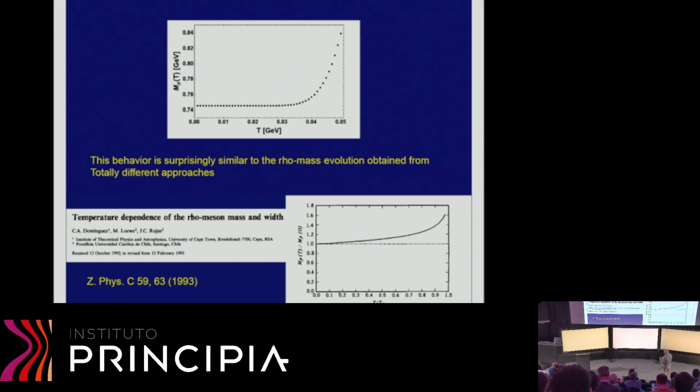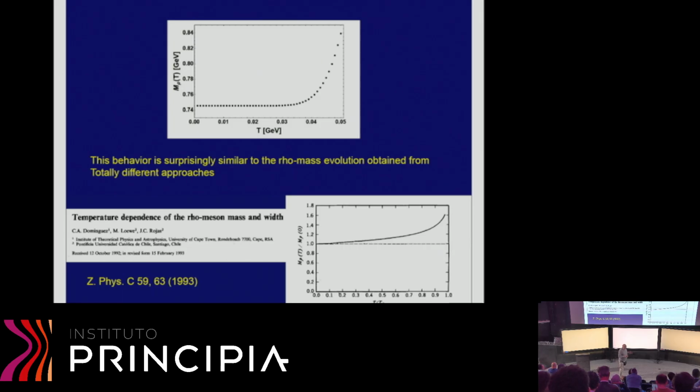Also, we compared it with another result for mass evolution that we did with Renato as function of temperature. This calculation was done in the frame of unitary arguments and the virial expansion using results from pi scattering lengths in kaon decays.